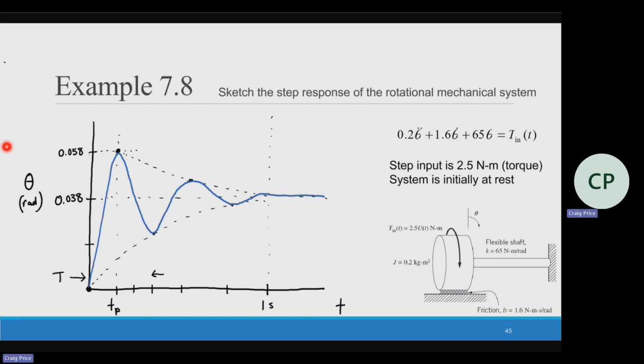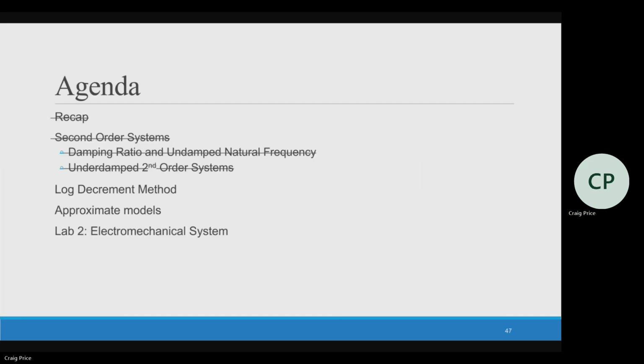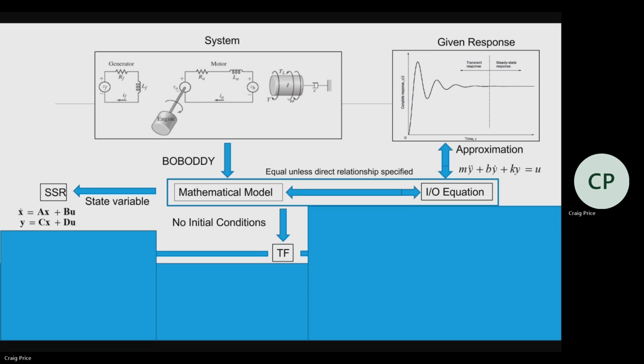We can actually estimate the sketch, and then we'll now talk about the reverse, which is called the log decrement method. We're still here, but what we were just doing is approximating a sketch based on an equation and an input. We can also go the opposite way. We got a double arrow here.